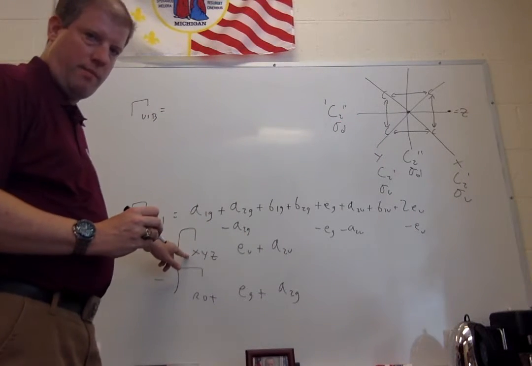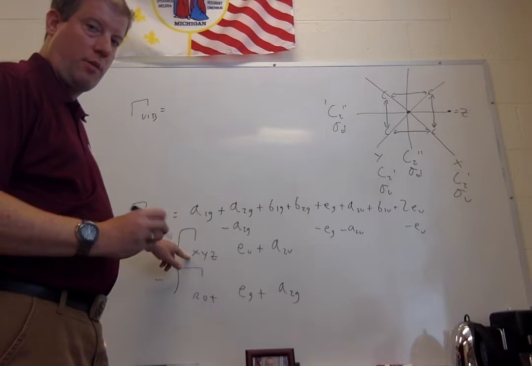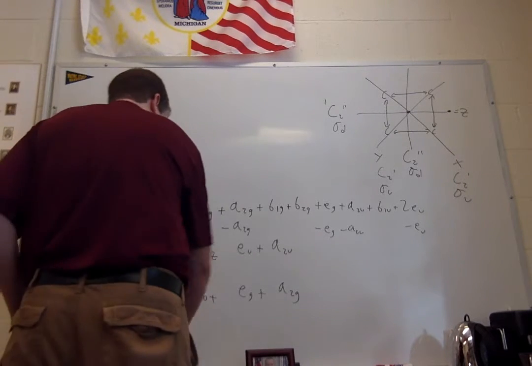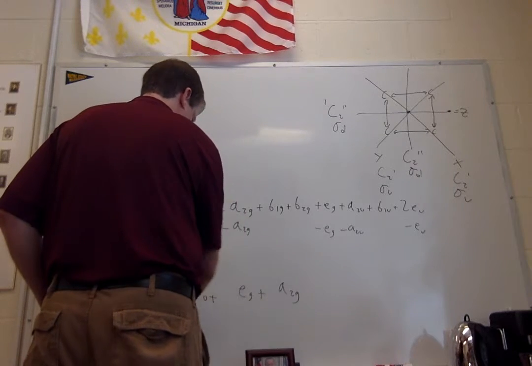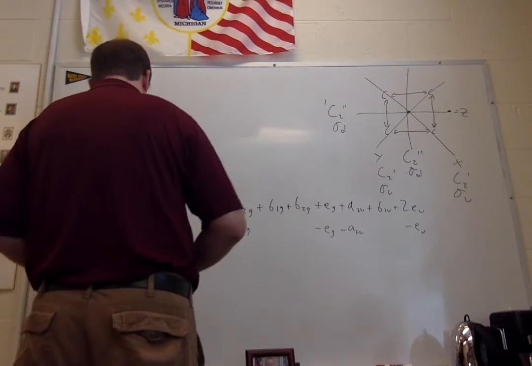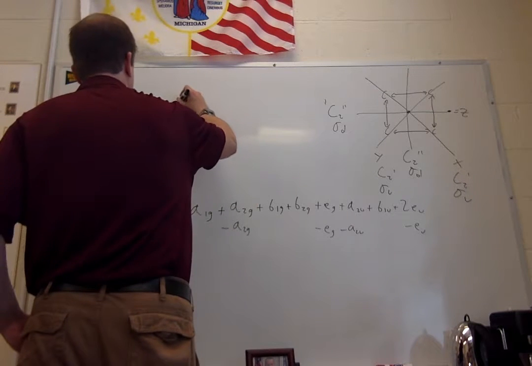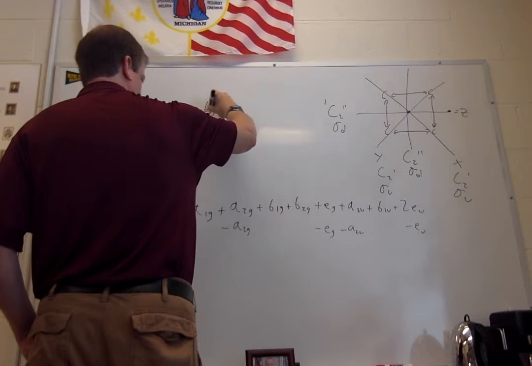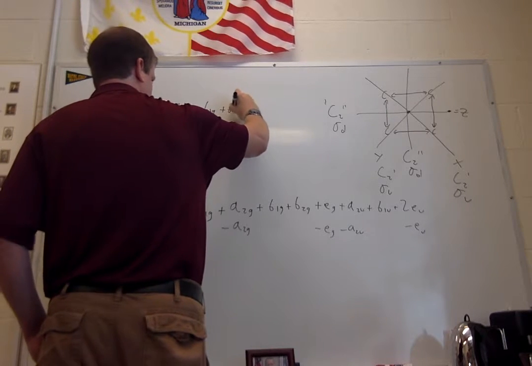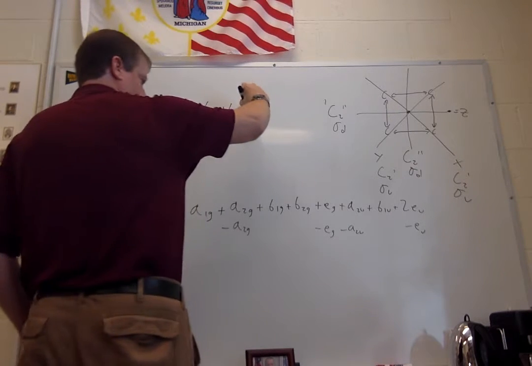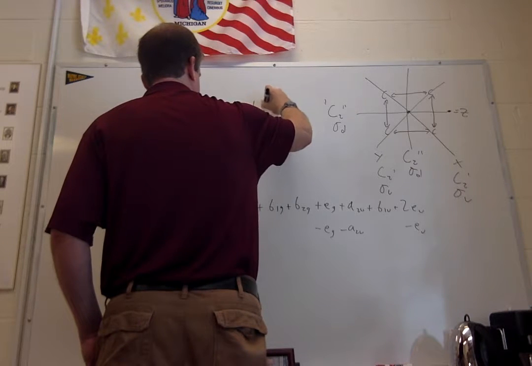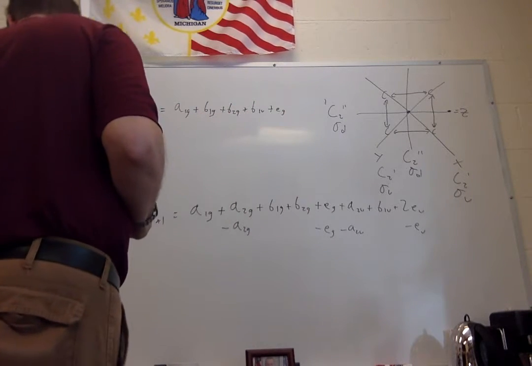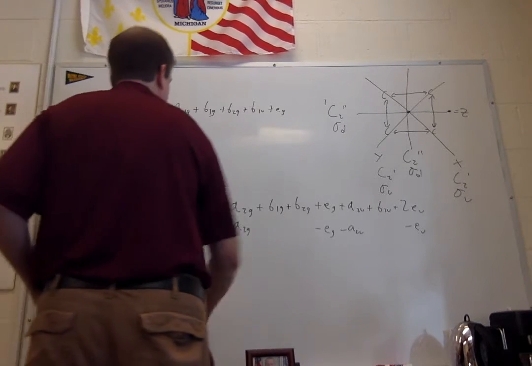Subtract this one, XYZ, the translational part, and the rotational part. So my gamma vibrational then is A1G plus B1G plus B2G plus B1U plus EU, not EG.